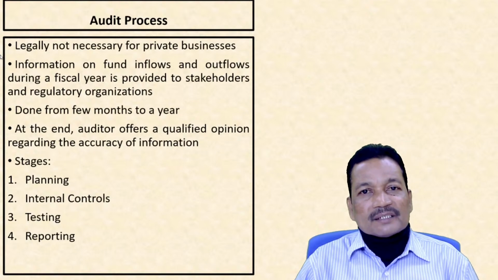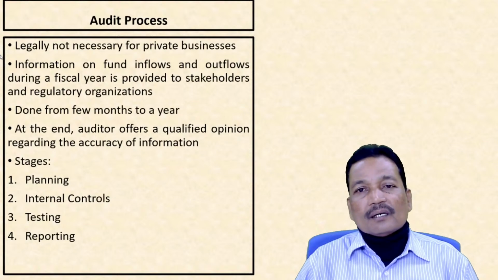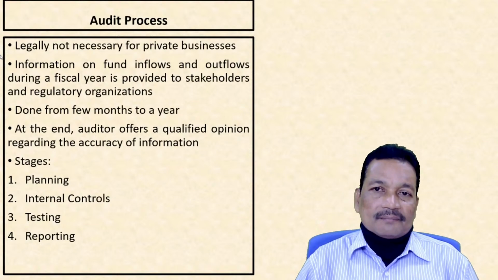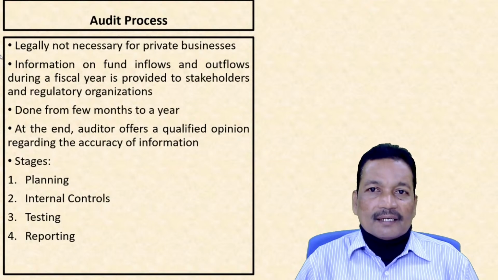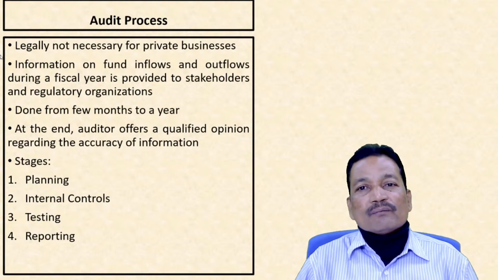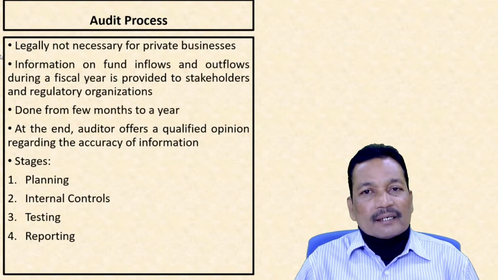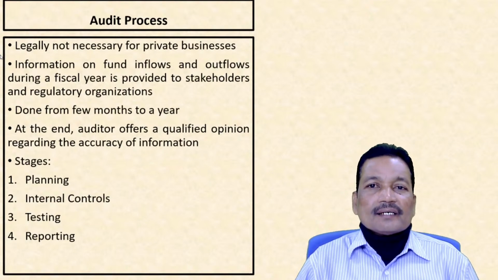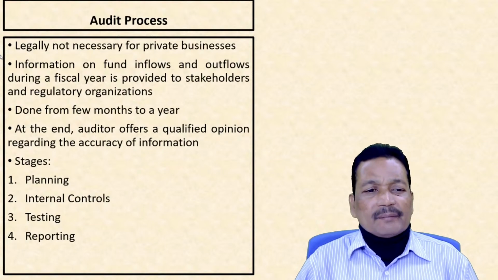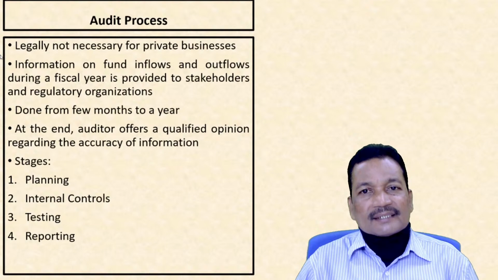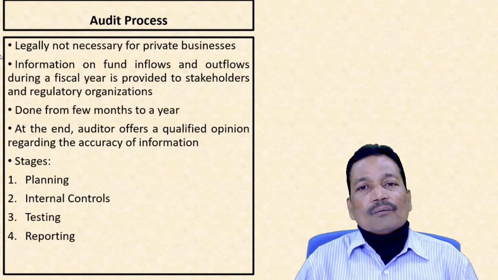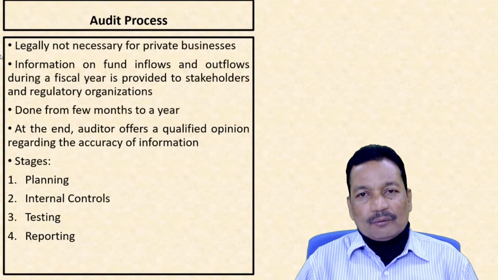Tested in the sense means you can go for a pilot testing. What is that? Now, instead of going for audit of all the activities, you can audit a very few activities and see what kind of results are coming out.